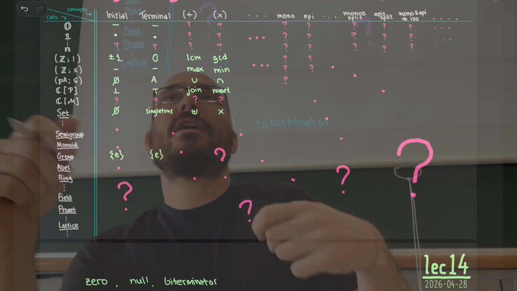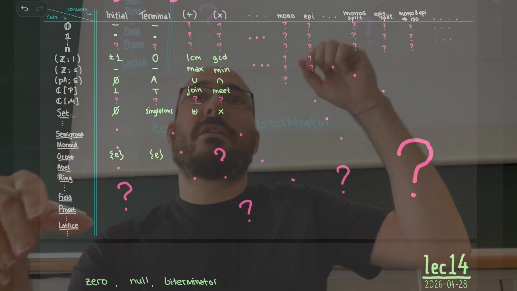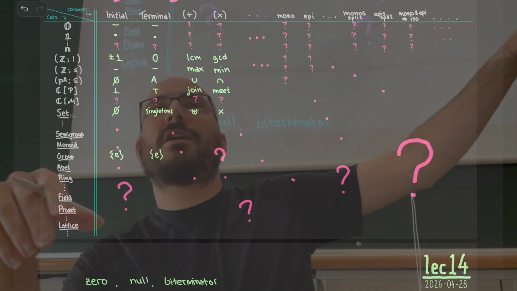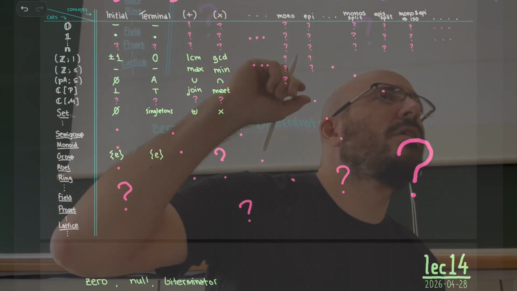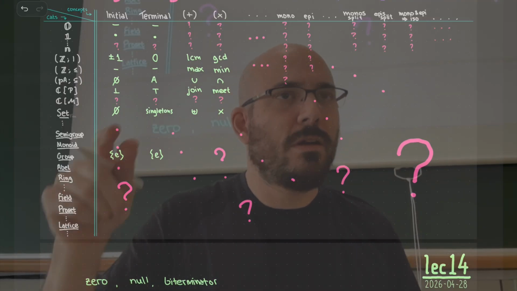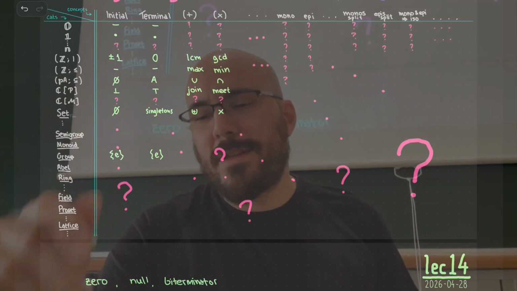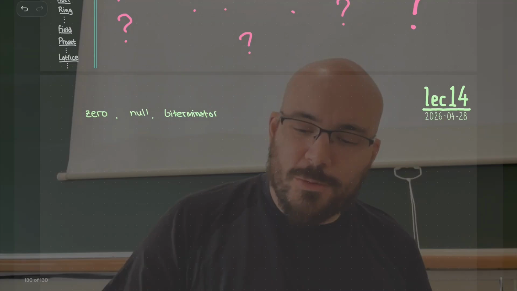So the question is, let's say you find out you're in a category that has a zero object. What kind of consequences may this have? Lazarus: all objects of the category must be connected with one another. Yes, okay. And how do we prove this?